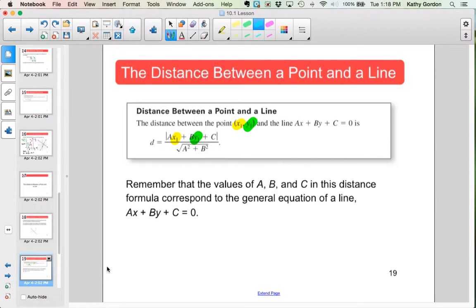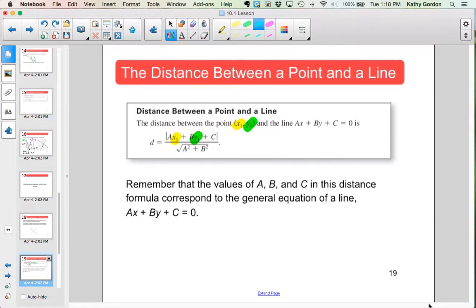Then a, b, and c. Those come from the equation of the line. But notice the form of this equation. This is also called standard form, but it's the standard form where everything gets pulled over to one side and you set it equal to 0 on the other side. So it's more like quadratic standard form, right? Where we pull everything to one side and make it equal to 0. Well, you can do that with linears also.